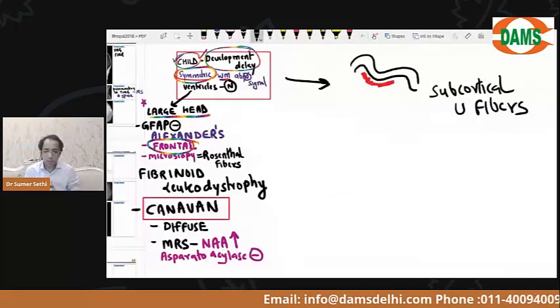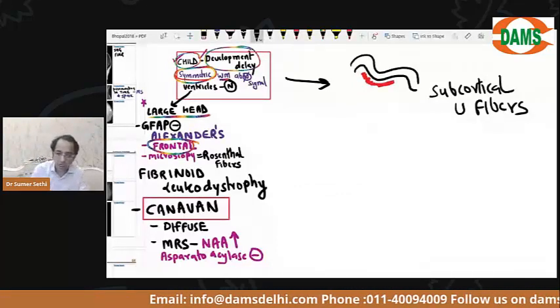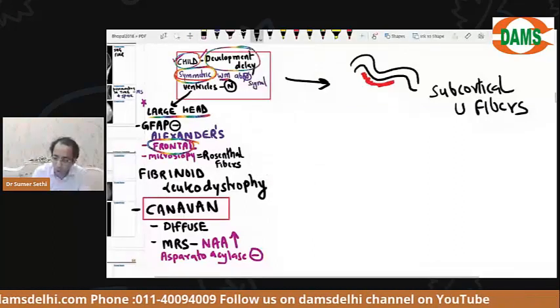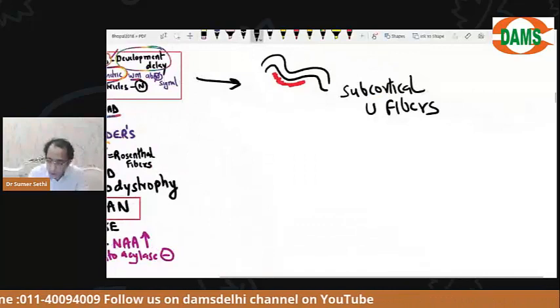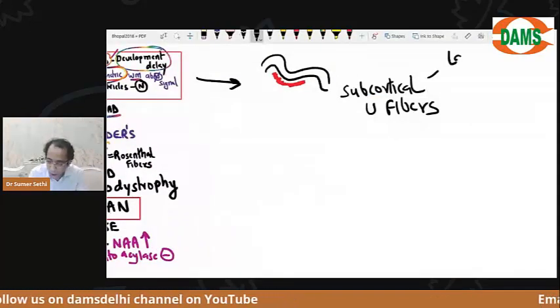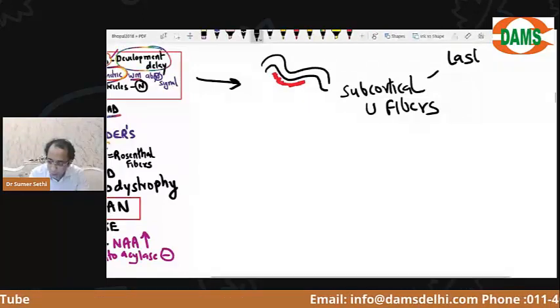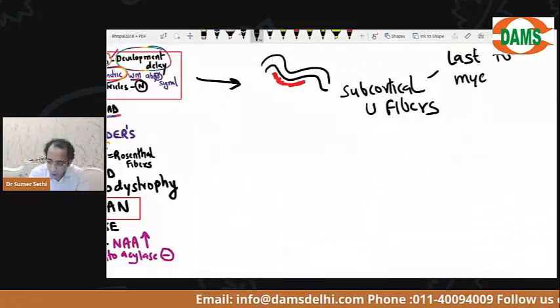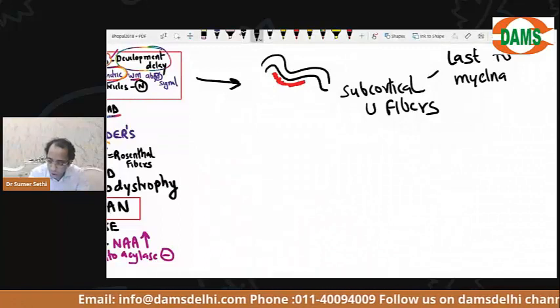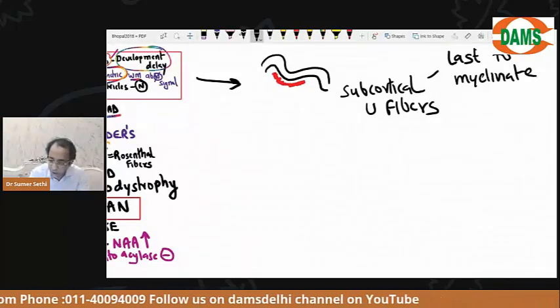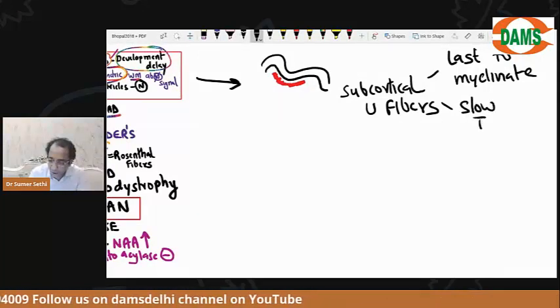Okay, now these are association fibers connecting the adjacent gyri. These subcortical U fibers are last to myelinate, and they have slow turnover of myelin.